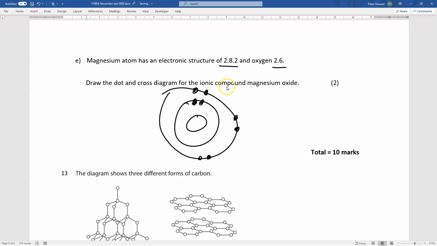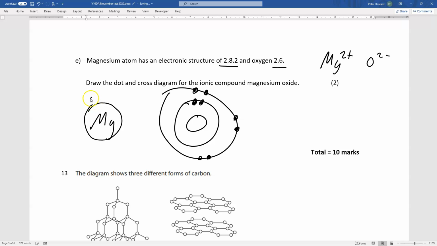We know it's ionic, so that means it's separate circles, ions, so we think about charges. Then we draw magnesium. Also, there was a question way up there which reminded us that magnesium had ions of charges of 2+ and oxide ions of 2-.